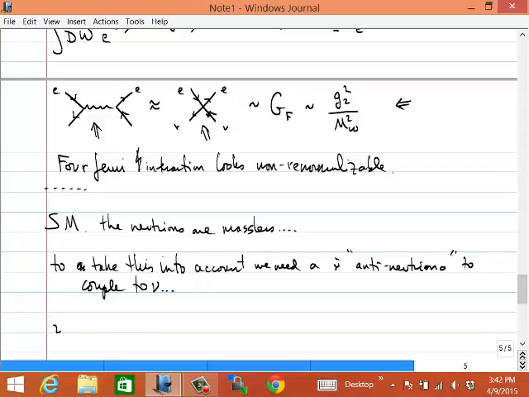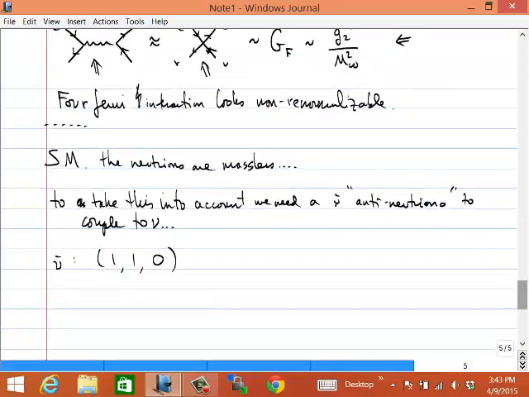So in particular, if you have an antineutrino field, what charge assignments should we give it? Well, all you need to do is make it uncharged under every gauge group. So it doesn't couple to any of the gauge fields. Then it'll have a kinetic term, so it's a left-handed Weyl spinor.